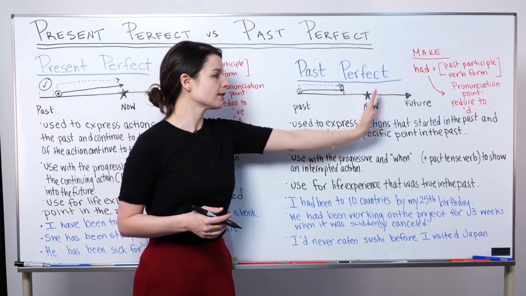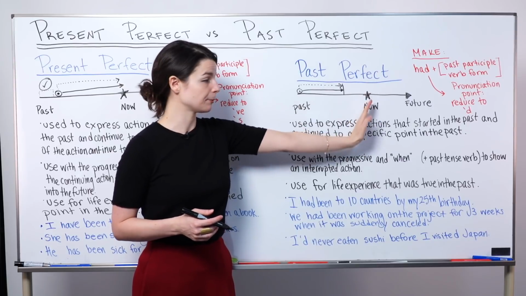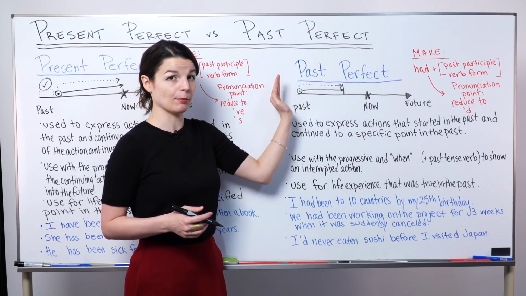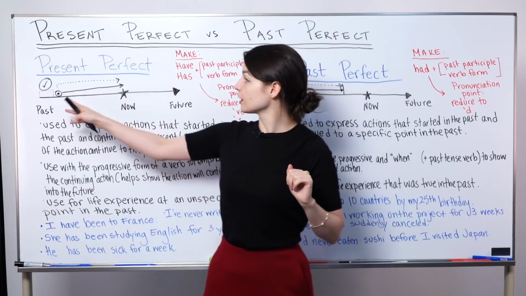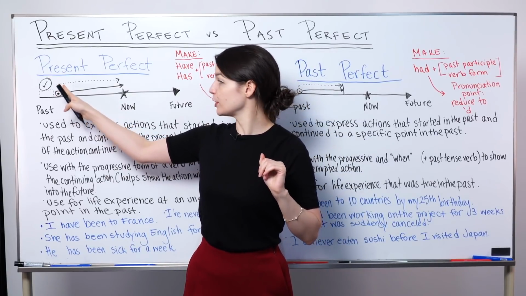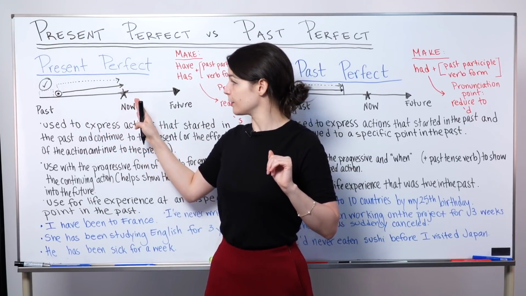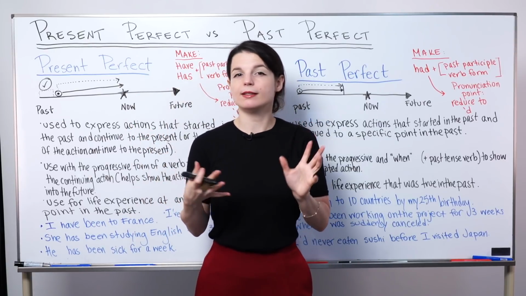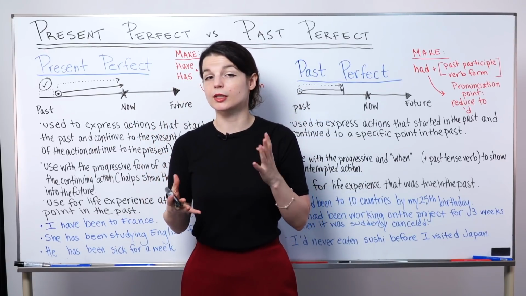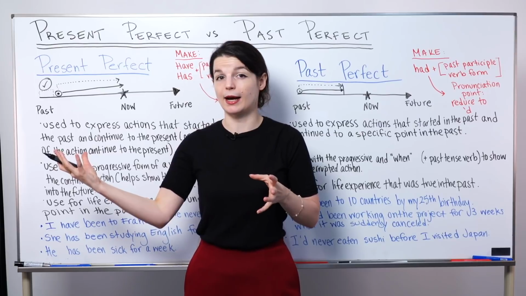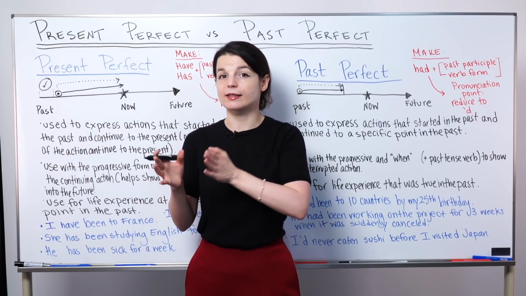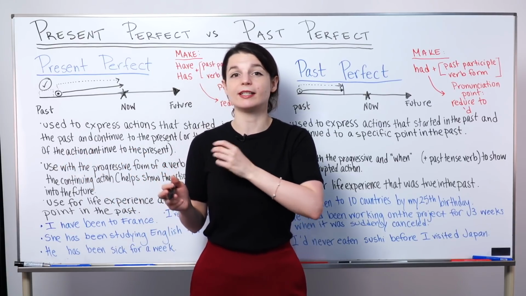So we're not talking about the present here. Everything happened in the past. Here, we're talking about the relationship between the past and now. So keep this in mind. These sentences can be used to talk about things that happened in the past, continued, and then stopped at a certain point in time.